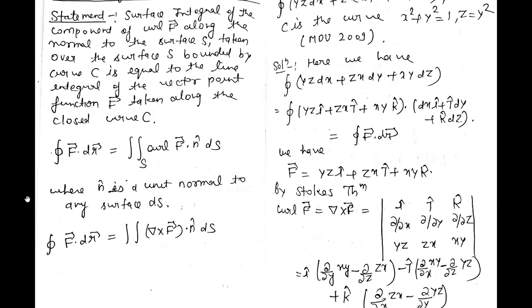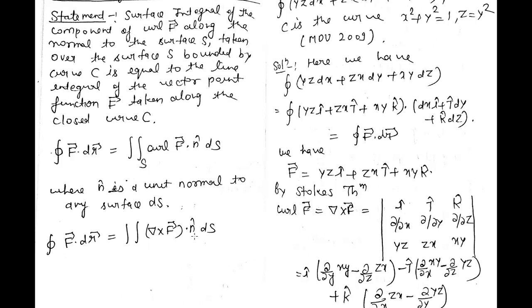Now, you can write this theorem as closed integration f vector dot dr vector is equal to the integral of curl f vector, which you can write as del cross f vector dot n cap into ds. First you will calculate del cross f, meaning curl of f vector, then curl of f vector dot n cap.